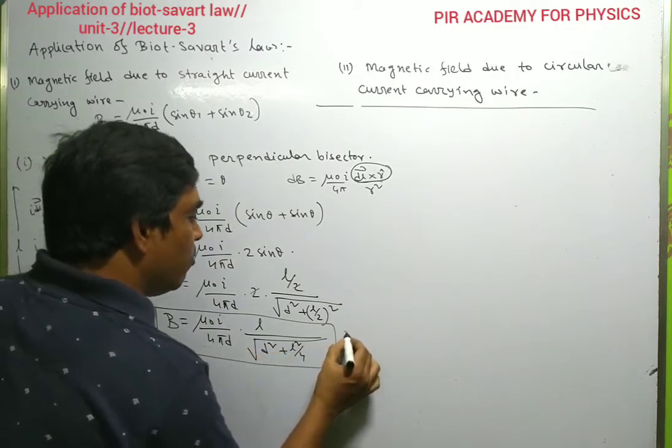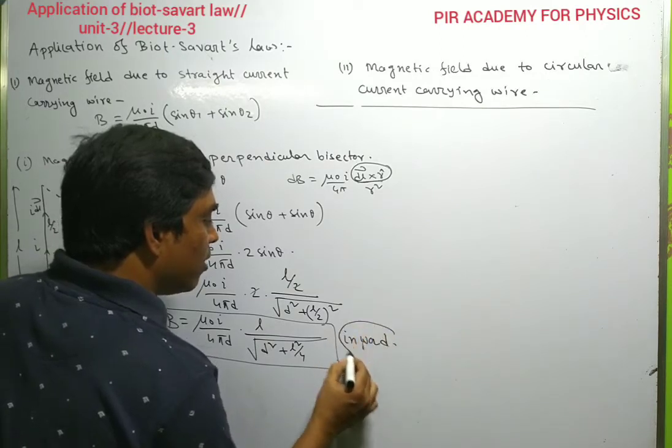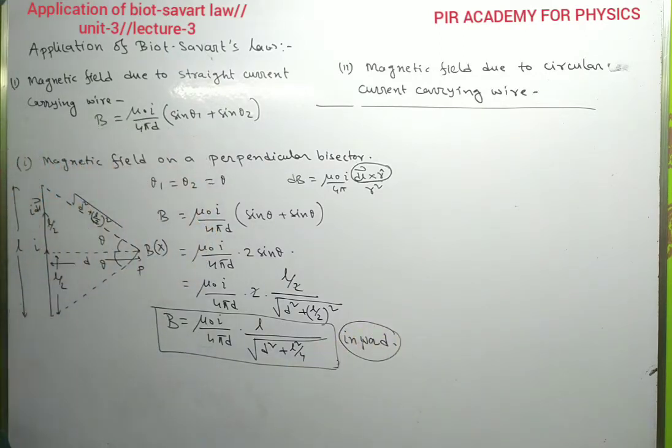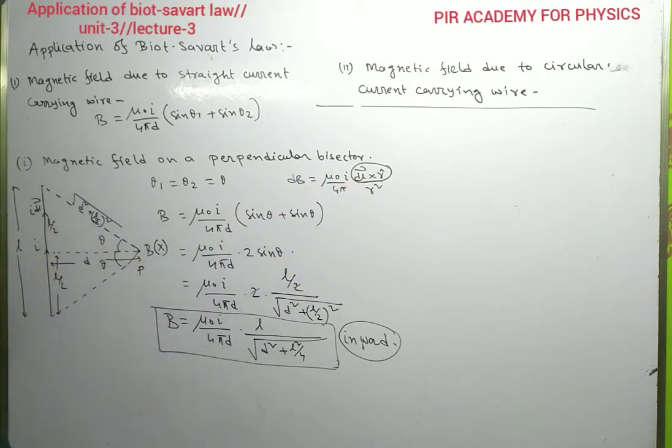The magnetic field will be inward. Then using this cross product, you can calculate the direction of magnetic field. So this is the one position.